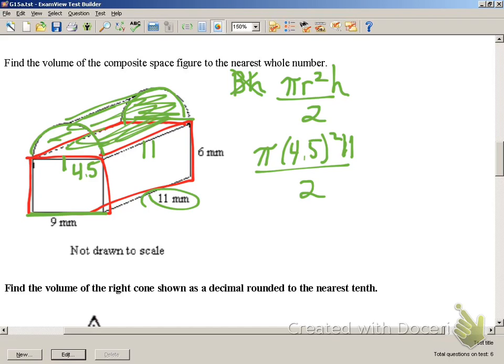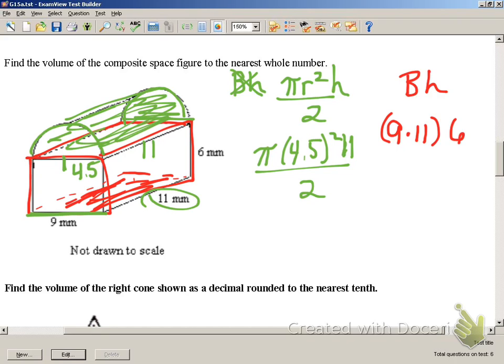Now for the prism, volume is the area of the base times the height, and the area of the base is 9 times 11. If I can see it visually back through here, this is my base right in here, and times my height would be 6. Once I get all of that worked out, I will add the two together.